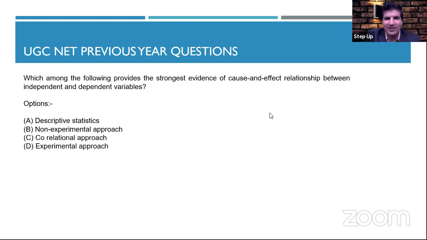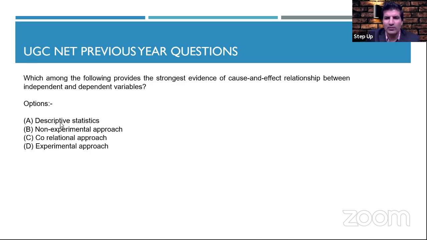Remember, I told you guys that the gold standard for causal relationships is experimental research, right? That has a lot of respect in determining whether there is causality between things. So see, descriptive or survey research is more like when you want to know the what of a problem, the characteristics of certain things.